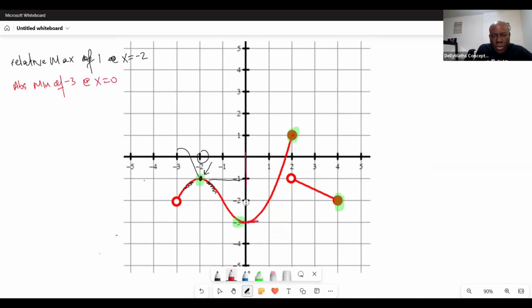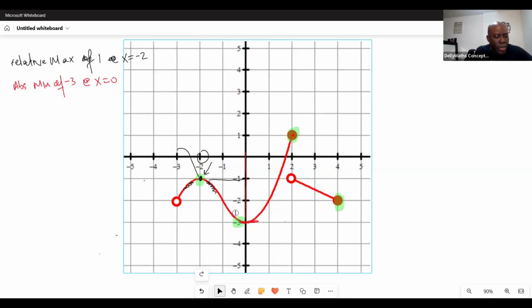Now, it is the lowest point in this area, and it's the lowest point for the entire graph. If we step to the left of it, we have values that are higher than it. And if we go to the right of it, we're seeing values that are higher than it. So it is the lowest point in that region, as well as overall for the graph. It is the absolute minimum.